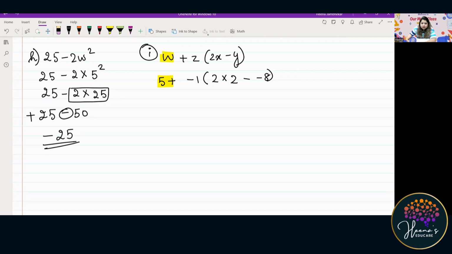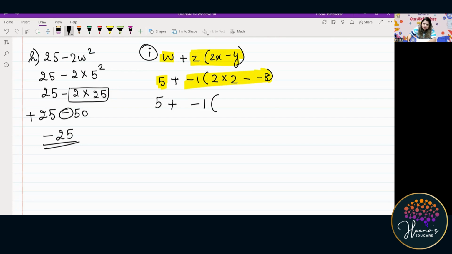This is the first term and this is the other term, like this. Okay, so we will keep the plus as is so that to avoid any confusion. Okay, 5 plus, you have a minus 1 in bracket.